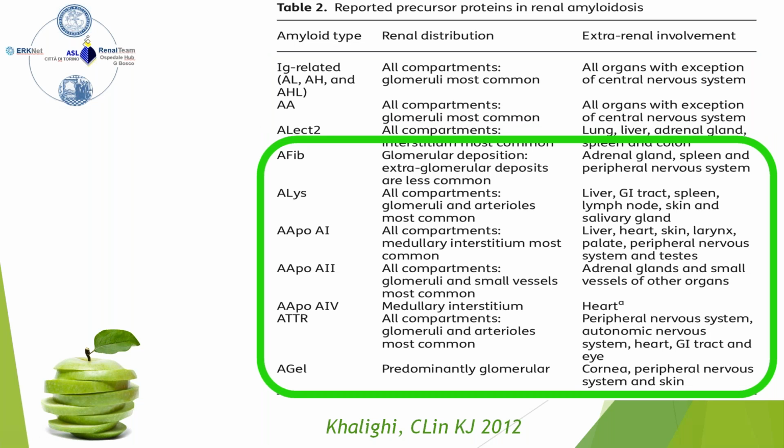The genetically determined forms are not so frequent, but can have a higher frequency within some populations. For example, in Italy, apolipoprotein-related forms are more common in Lombardy, and transthyretin forms are more common in Sicily and in Piedmont.